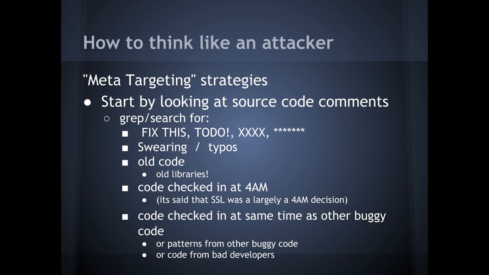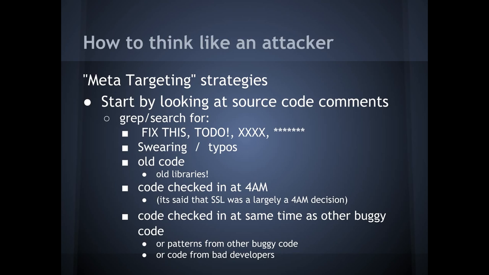Another thing to search through is old code and old libraries, things that were checked in a long, long time ago, because those may themselves have older coding practices or may be using APIs in a non-updated way. Another good strategy is to look at the check-in date. Look for code checked in after midnight, like after 4 a.m. The probability for most people of checking in bugs actually drastically increases, I've heard.